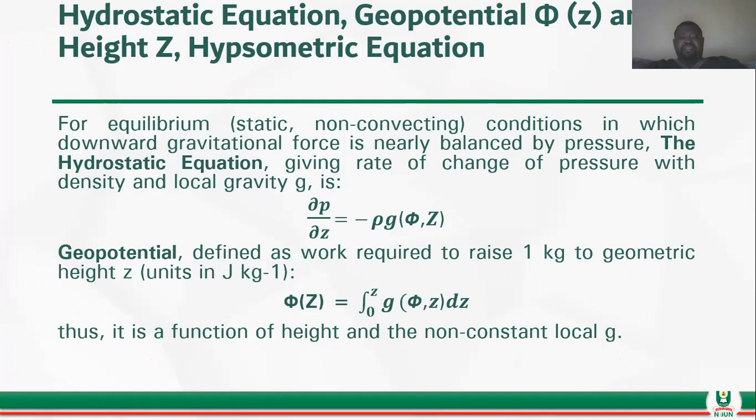For an equilibrium state, non-convecting conditions, in which downward gravitational force is nearly balanced by pressure, the hydrostatic equation, giving the rate of change of pressure with density and local gravity g, is given by del P over del z equals minus rho g, in bracket phi and z, close bracket. Phi is geopotential, z is height. Okay.